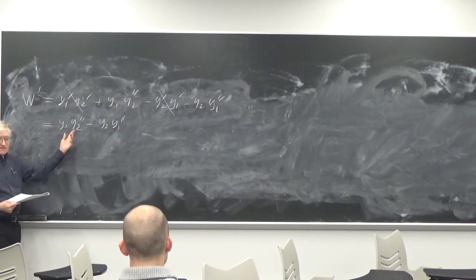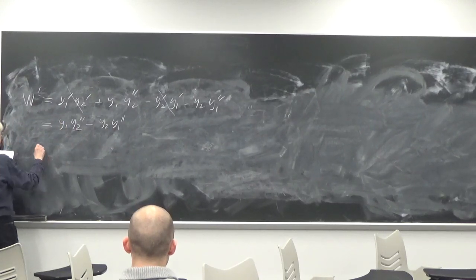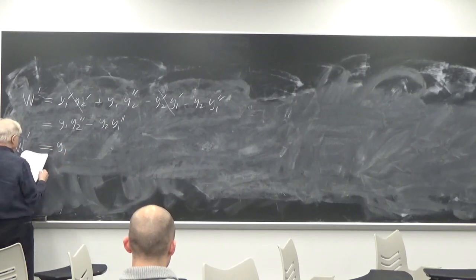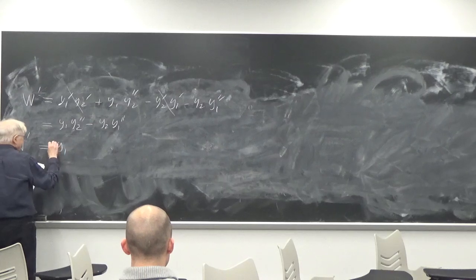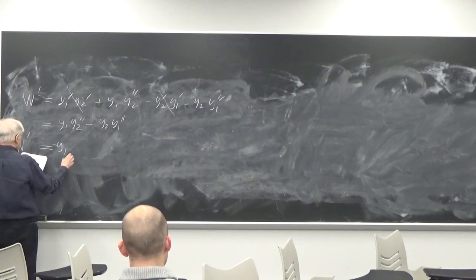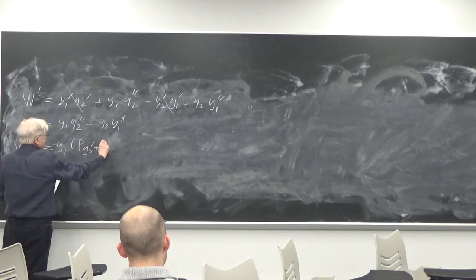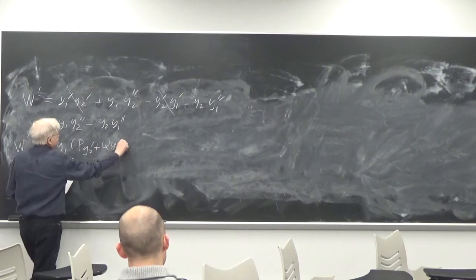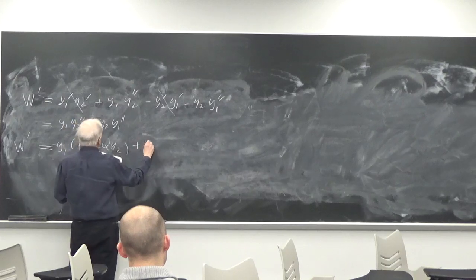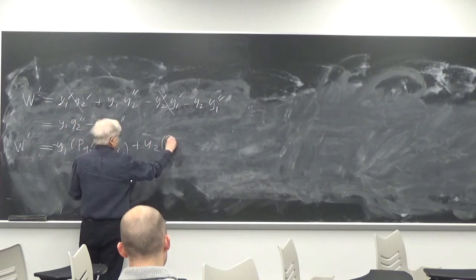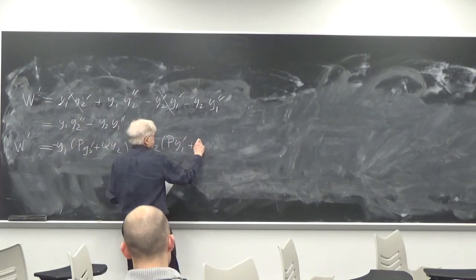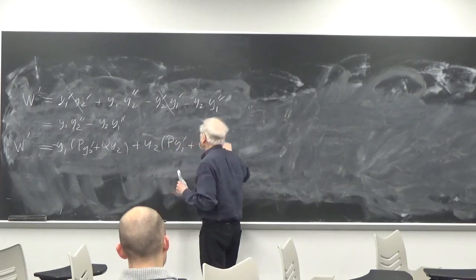But now, if these are solutions of the differential equation, then we can say that W prime is Y1 times minus P Y2 prime plus Q Y2, and then plus Y2 times P Y1 prime plus Q Y1.